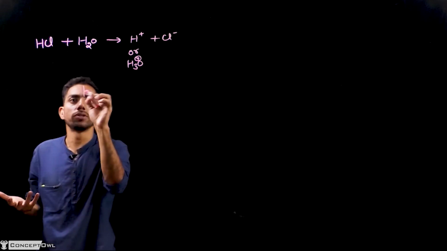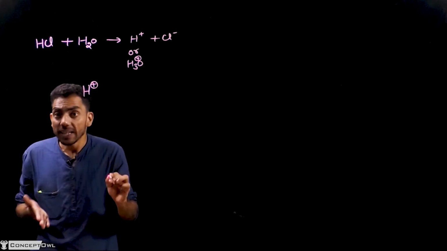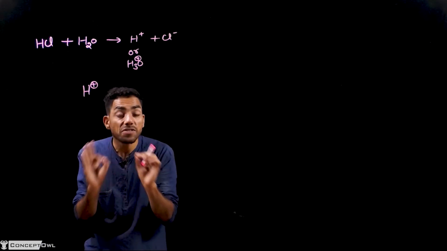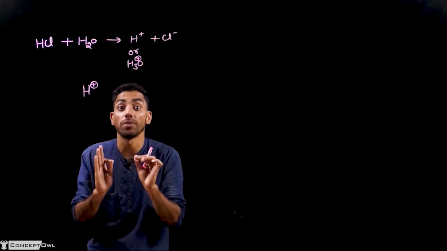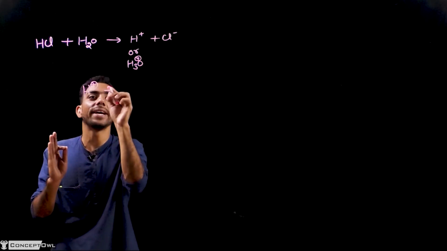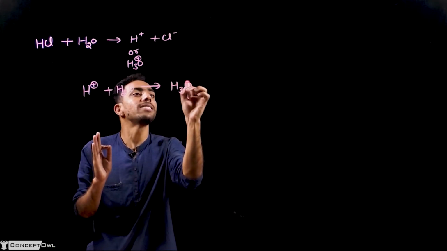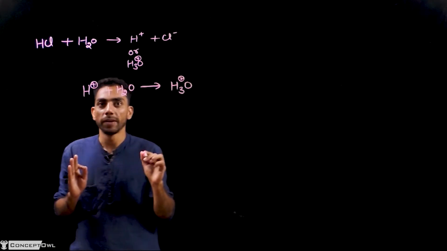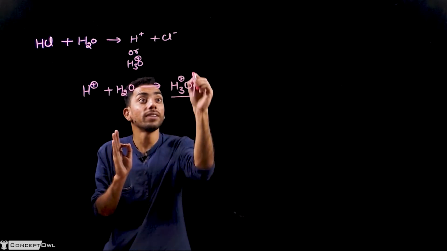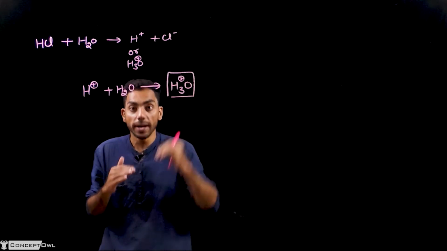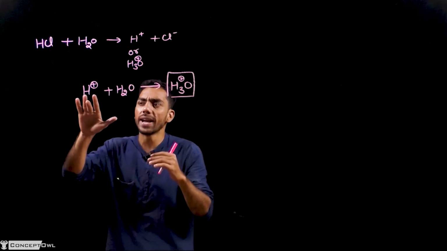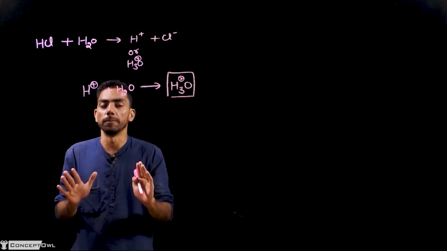Generally we write H positive, but in reality H positive ion does not exist in water. It always reacts with water and forms H3O positive ion. So technically this one is more correct. But you can write H positive also, there is no problem.